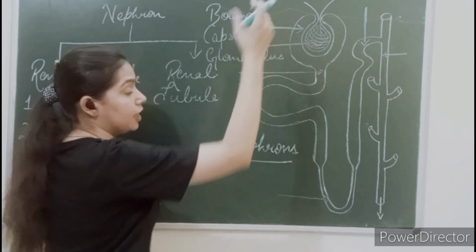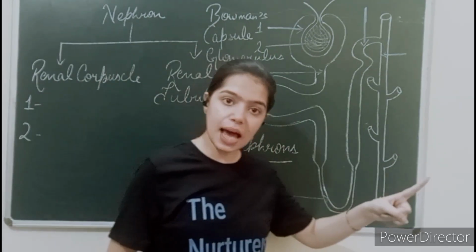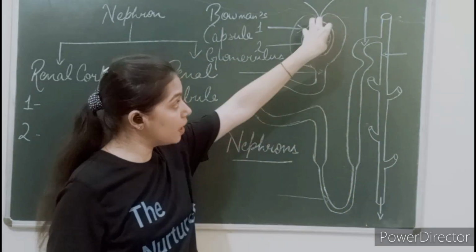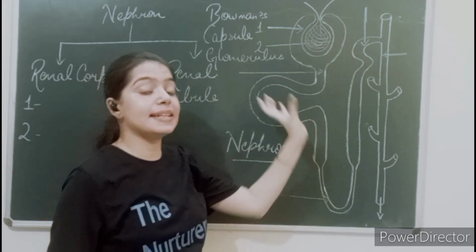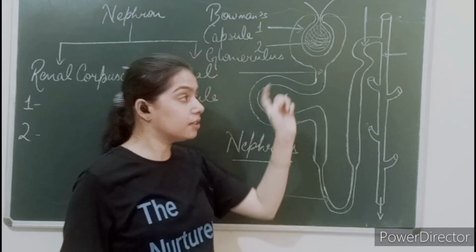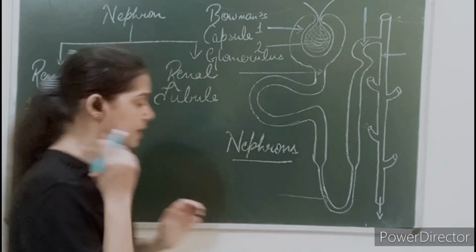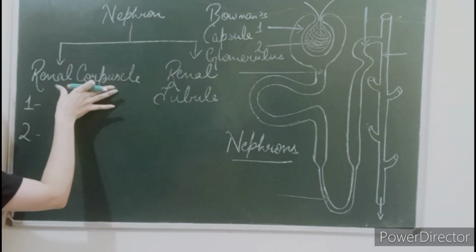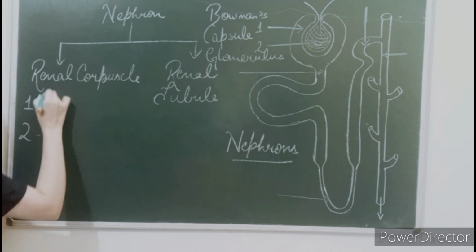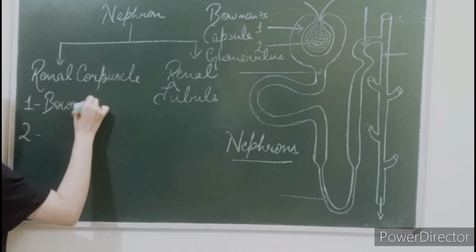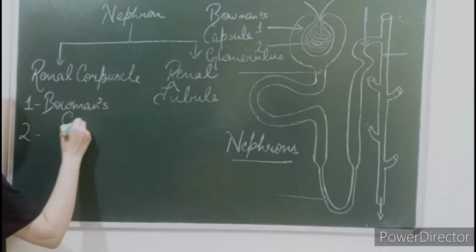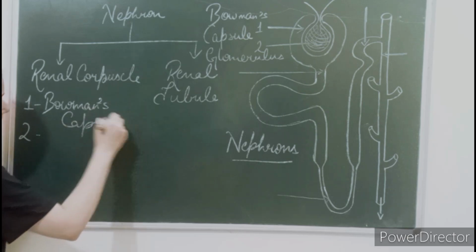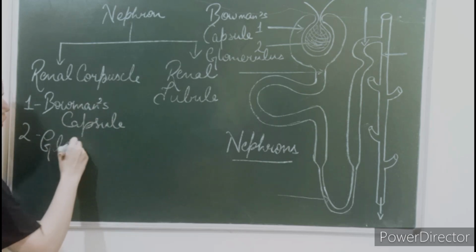So the first, the double-walled cup-like structure, is the Bowman's capsule, followed by the second, the thin-walled capillaries situated inside the Bowman's capsule, the glomerulus. We divide the renal corpuscle into two parts: the Bowman's capsule and the glomerulus.